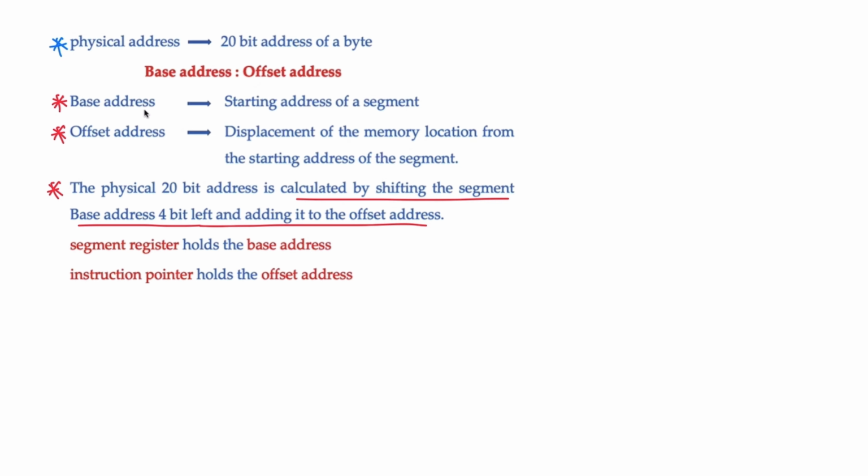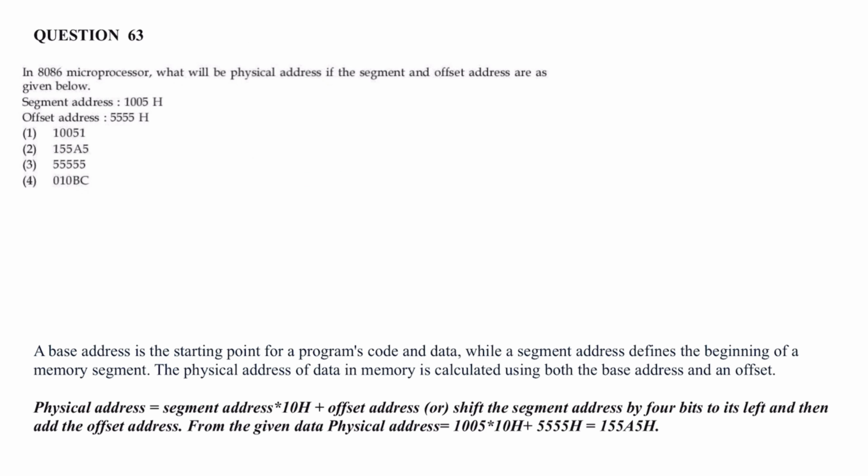Or otherwise, for the given data, to calculate the physical address, multiply the segment address with 10h and add the offset address. So here the segment address is 1005 multiplied with 10h, its value is 10050, and add the offset address 5555.